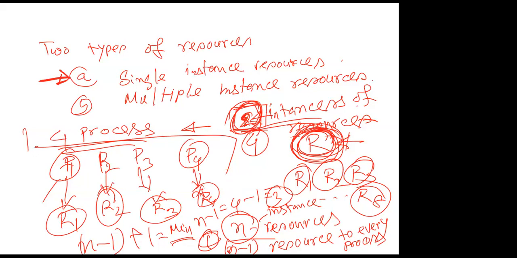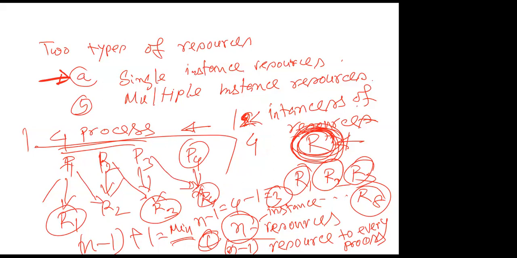To complete, each needs 2 instances. Then process P1 will be waiting for another process, and P2 is also waiting, so no process can complete its execution. So from here you can see how we can avoid this deadlock by using the minimum number of resources.